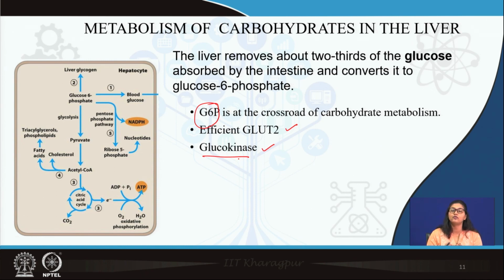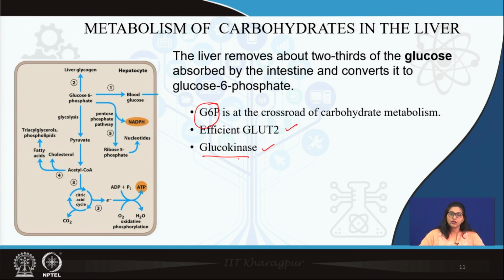Another important feature of glucokinase is that it is not inhibited by the product, glucose 6-phosphate. So even if glucose 6-phosphate builds up inside the cell, glucokinase continues its action till the blood glucose level drops. It is not inhibited by glucose 6-phosphate.